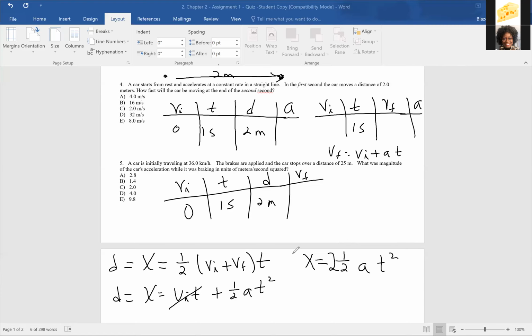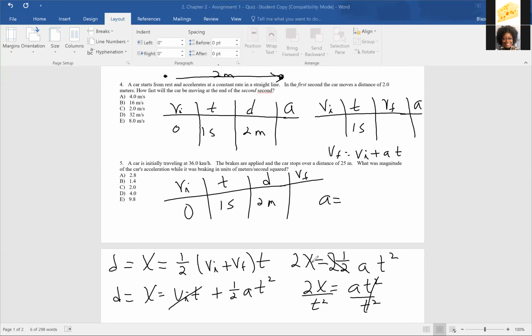So I say 2 here and 2 here. When these 2's cancel out, now my equation says 2x is AT squared. To get A by itself, I'm dividing both sides by T squared. So when the T squares are gone, now I have an equation for A right here. And that A is simply 2 times X divided by T squared.